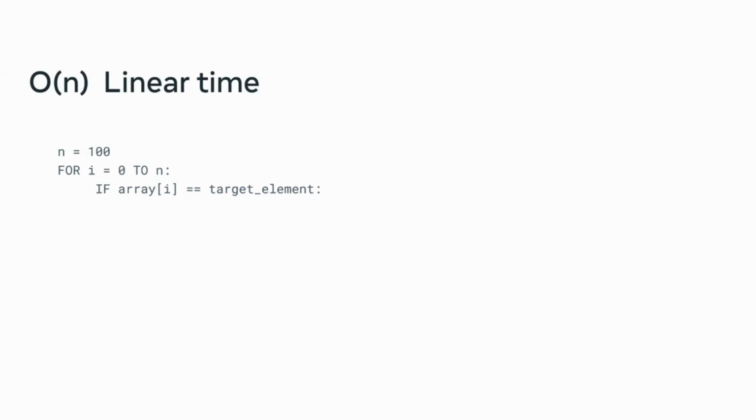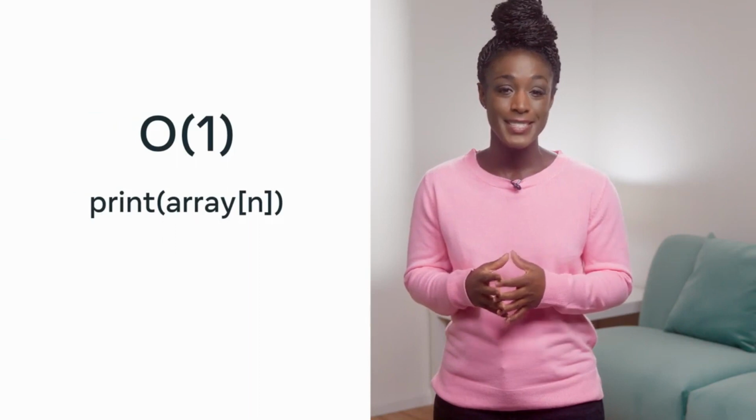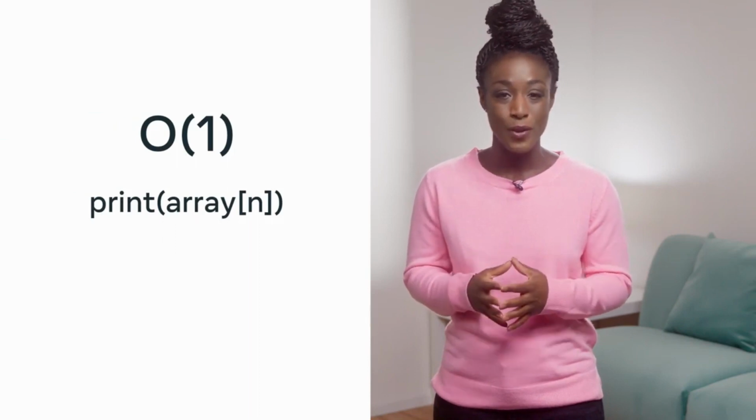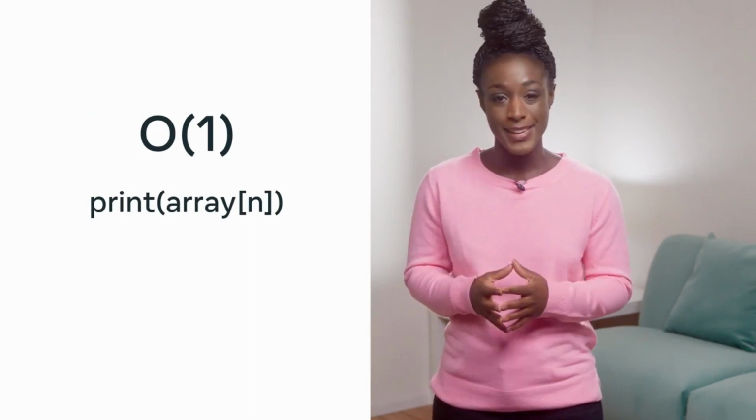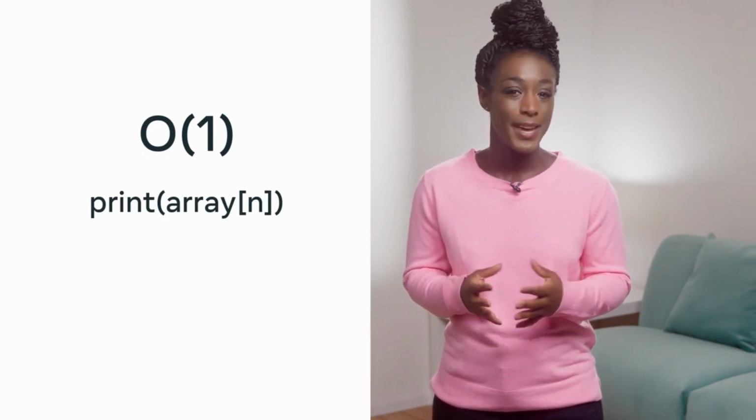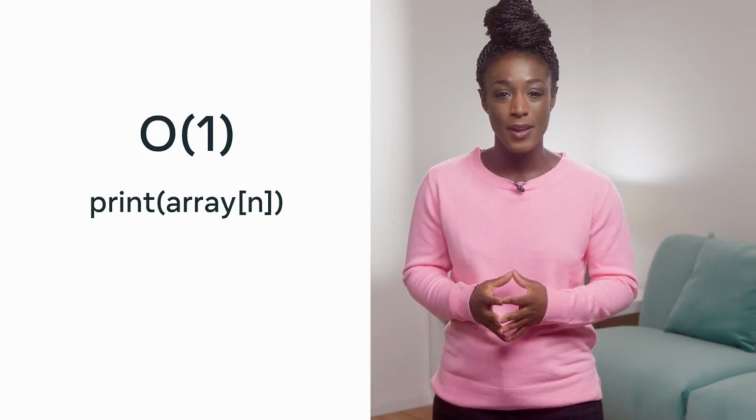If n equals 100, it is 100 checks. The complexity is still O of n, only n means it is 10 times longer. This means that your application speed depends on the size of the data being processed. Print array at position n is an example of an O of 1 operation. That means print the item at whatever n is. It doesn't matter how big n is, the cost is always 1.